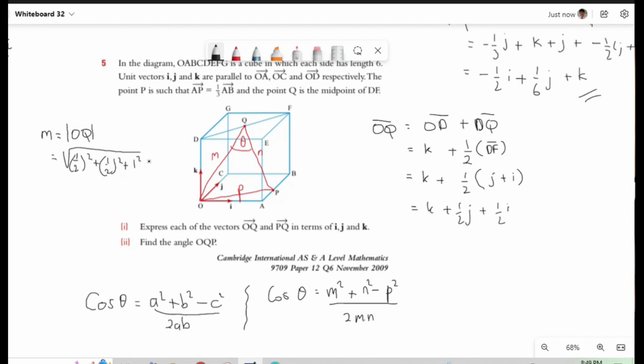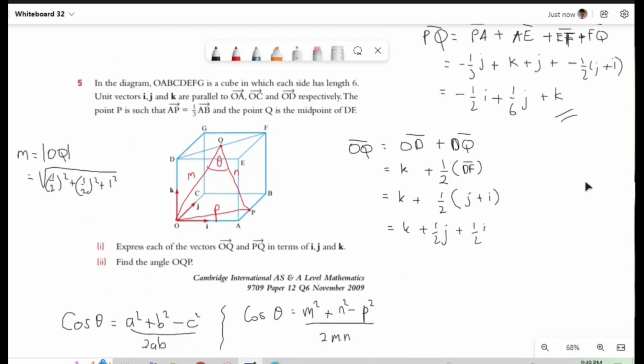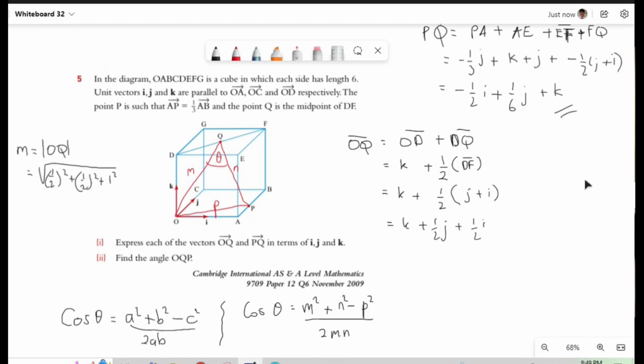By using the same way, you can find the magnitude of n and the magnitude of p, using the formula of finding the magnitude of a vector. So what you need to do is just find the root of all the components in that vector. Using the same way, you can find the value of m, n, and p.